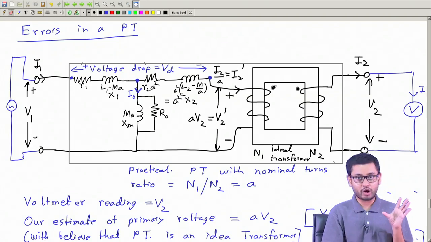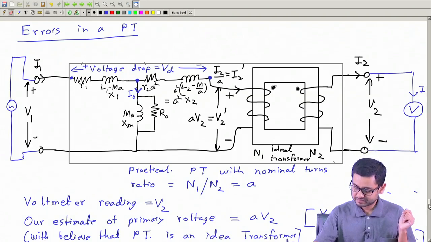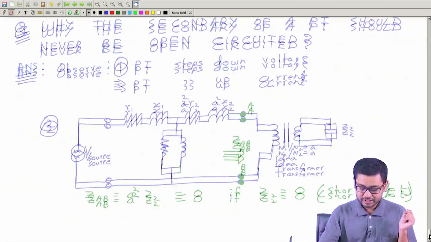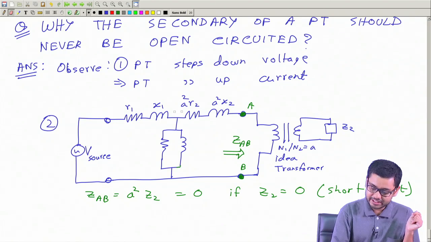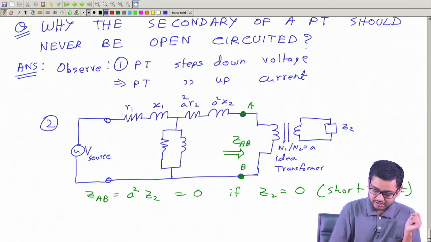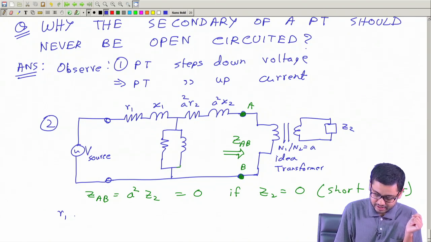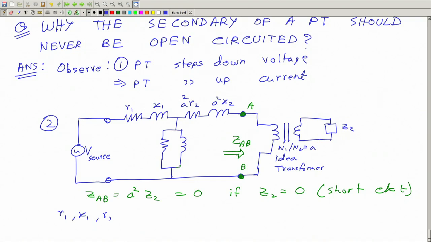That's the design consideration for a PT. Therefore these R1, X1, R2, X2 are very small by design, to minimize error, to reduce error.